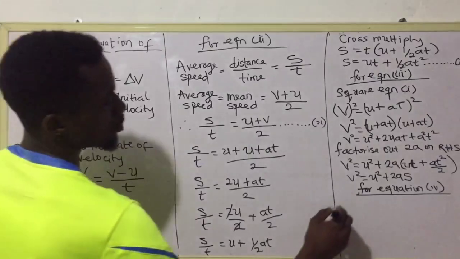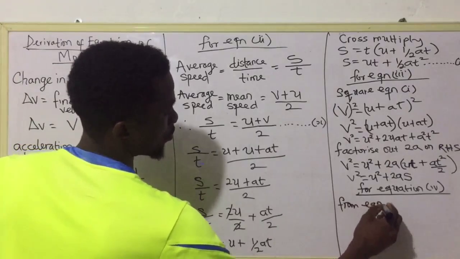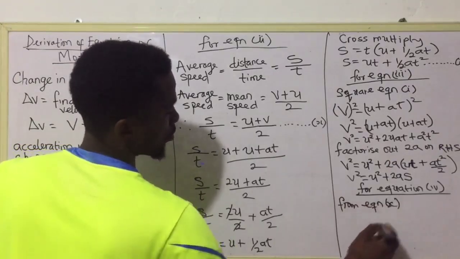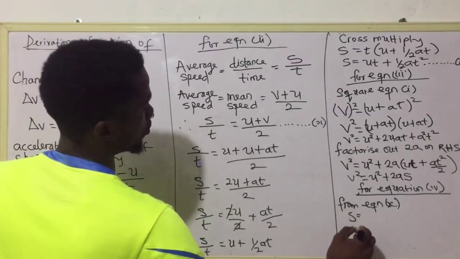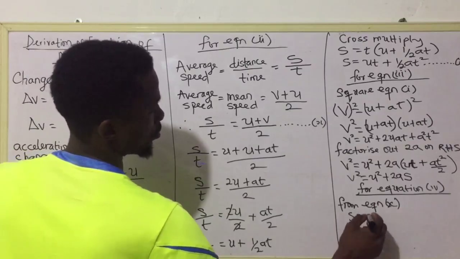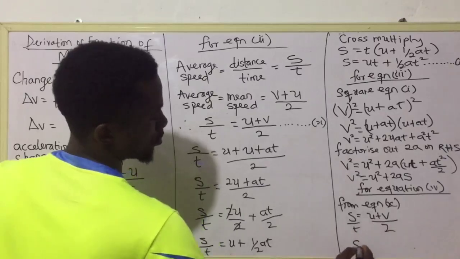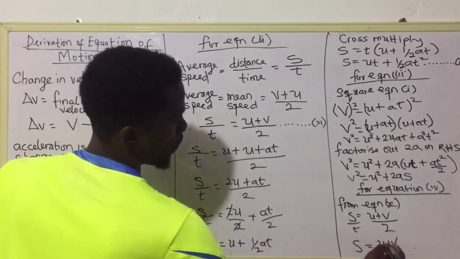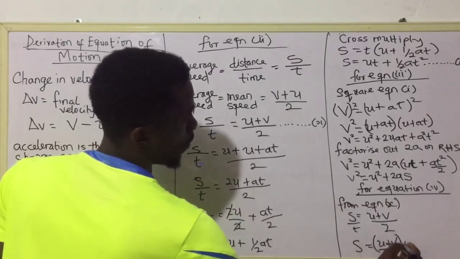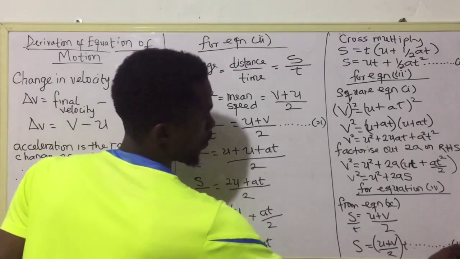From equation x, if I'm to make s the subject of the formula, it will just become u plus v over 2 all multiplied by t. So that will be u plus v over 2 all multiplied by t, and that will be my equation 4.